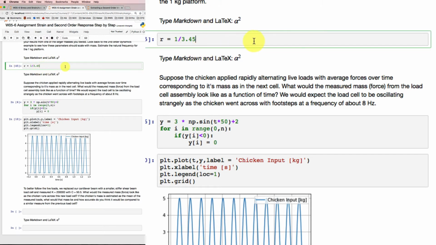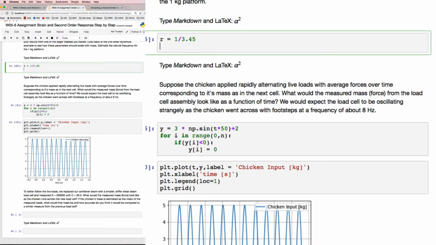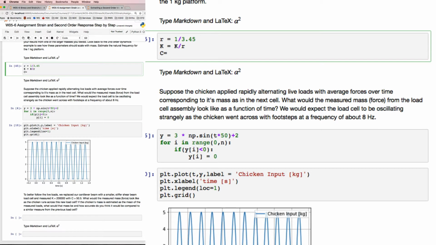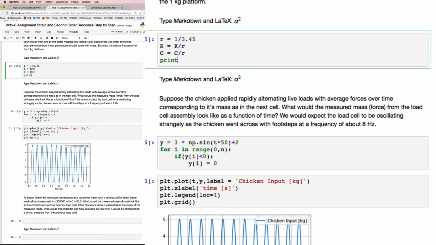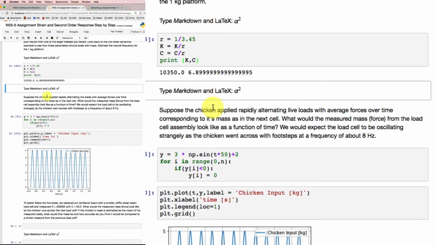I've got R. Now let's let K equal to K slash R, whoops, lowercase r, and C equal to C slash R. And now let's print the new values of K and C. So I go from, what did I have?